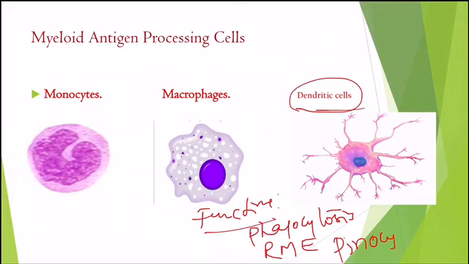Pinocytosis is the taking in of liquids. Phagocytosis is similar to capturing organisms or solid particles, and receptor mediated endocytosis occurs only when the antigens are bound to specific receptors.